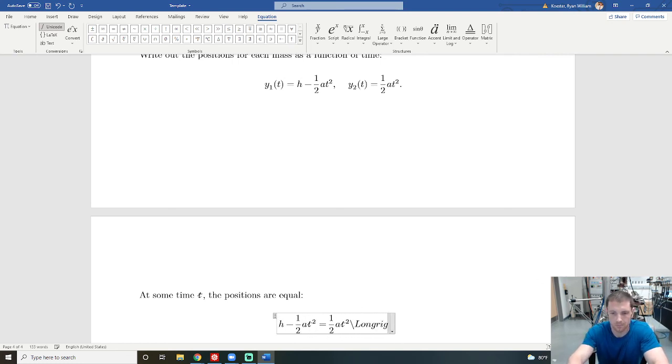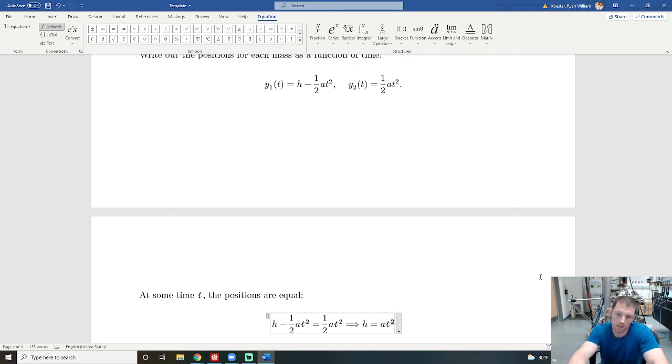And from this, we can just add 1/2 a t squared to both sides, and we just find that h equals a fancy t squared. Sorry, no 1/2, because when we add 1/2 to 1/2, we just get 1.